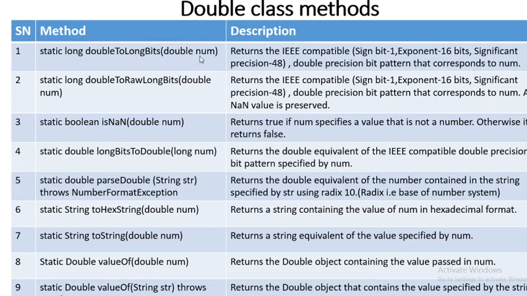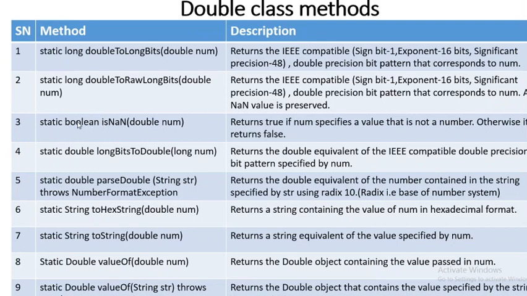So whatever the number is given over here, by considering it as a double precision bit pattern, it will get converted into long bits. Return type is long. The next method is similar to the first one. Only the difference is that here NaN, that is not a number value, is preserved. Remaining thing is same. Static boolean is NaN.